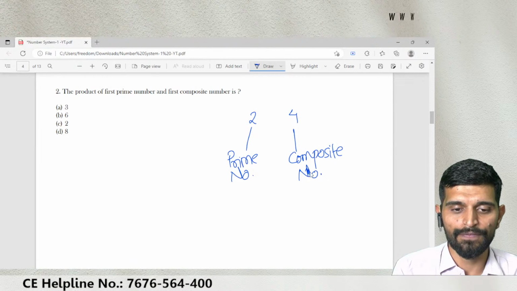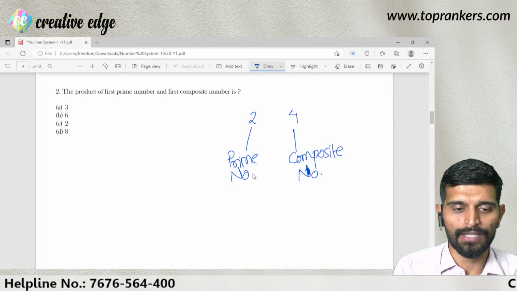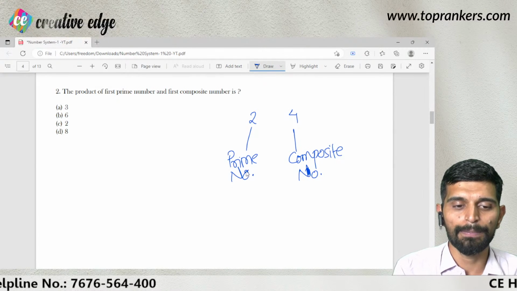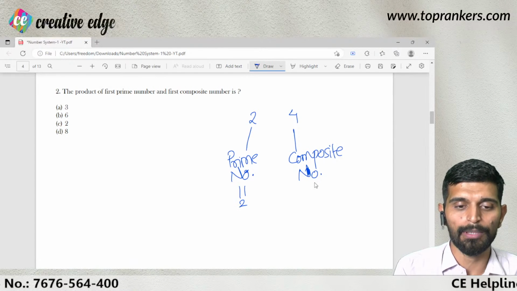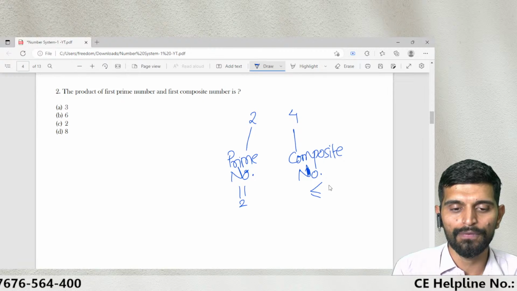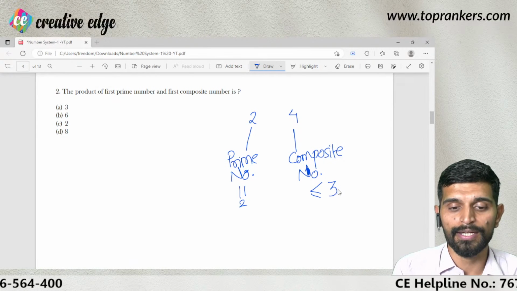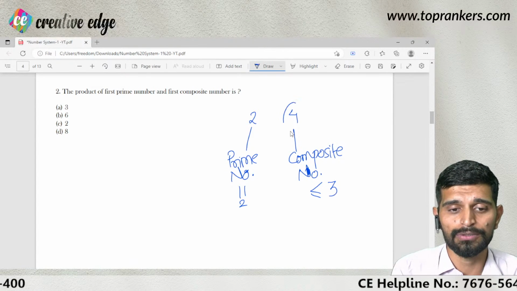So three distinct factors are required in a composite number, whereas exactly two distinct factors are required in a prime number. In a composite number, it is greater than or equal to three factors of the given number.